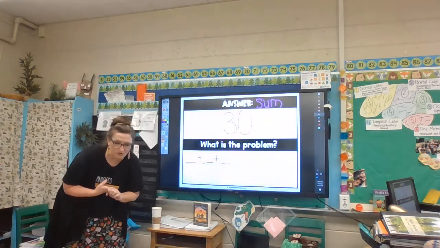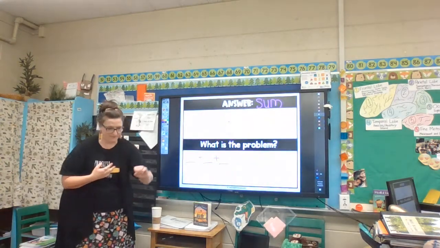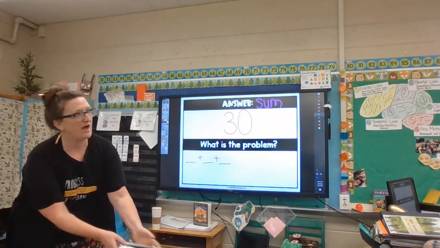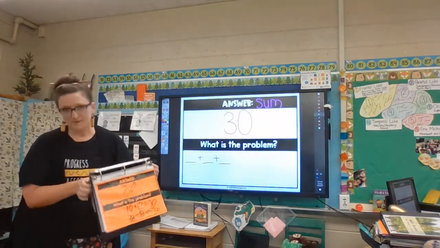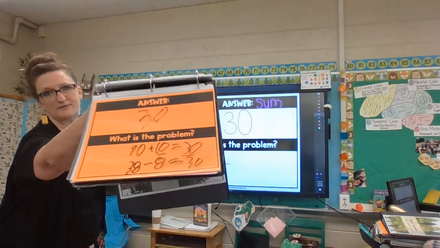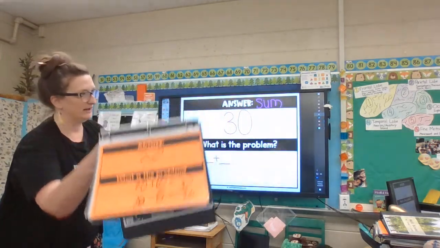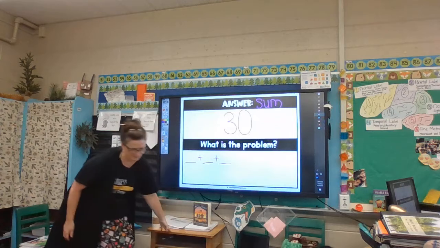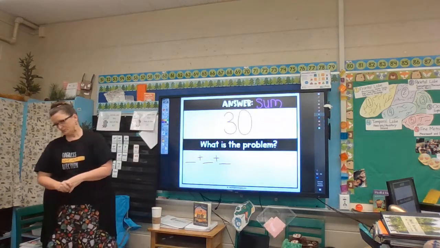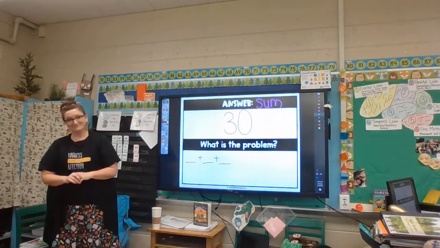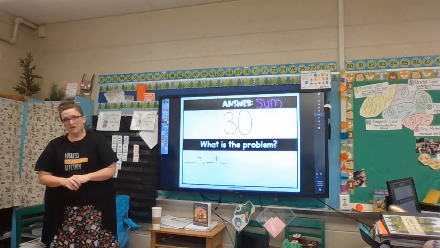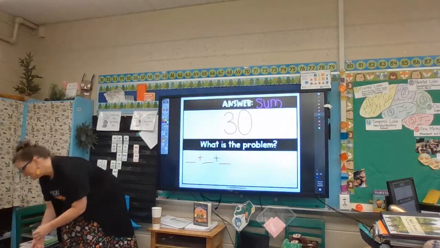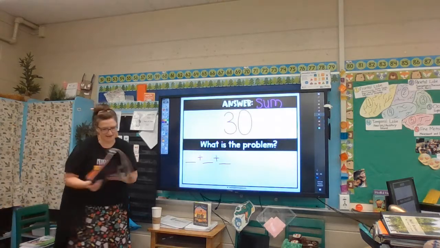Ooh, that is beautiful. Look at that subtraction problem. Can I borrow yours so I can show the teachers? This is an example of Andrew. He's working through it. His subtraction problem is 38 minus 8 equals 30. There we go. Nice. Andrew, that was awesome. This is an example of one with 3 add-ins.